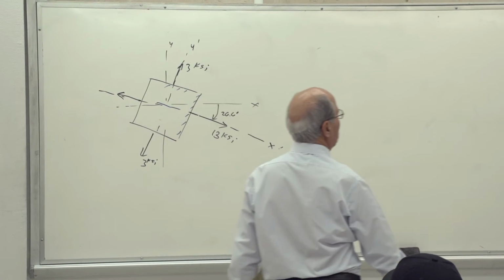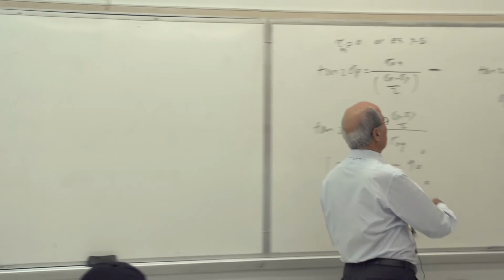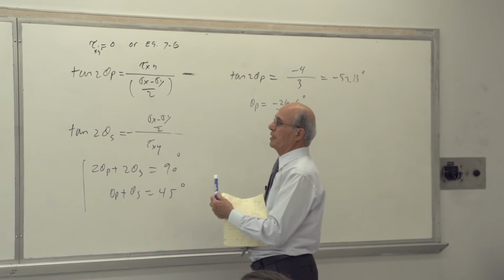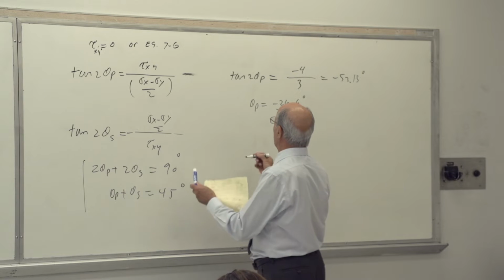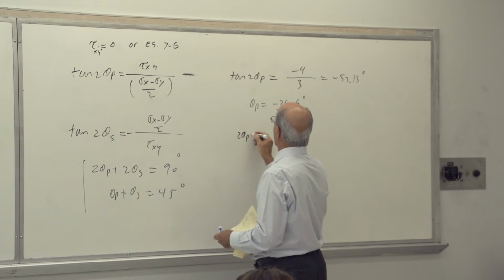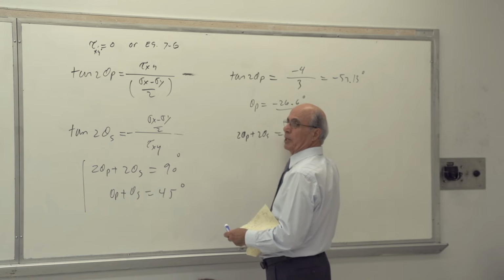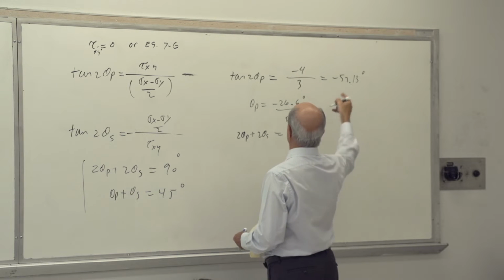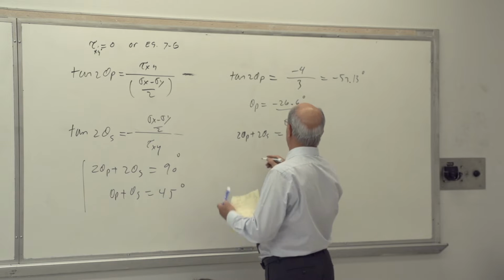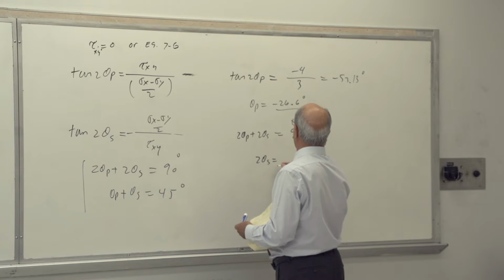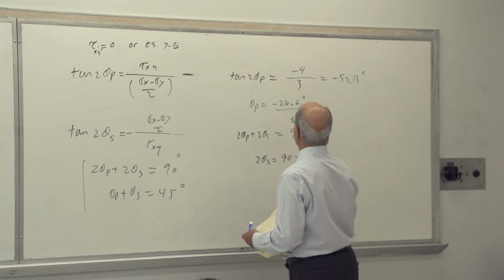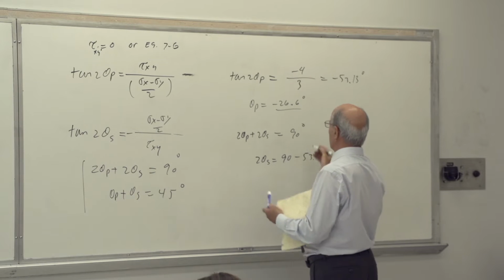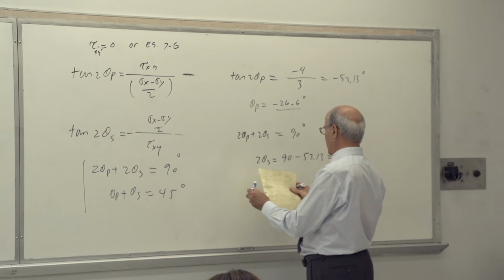Now let's go to the maximum shear. The maximum shear, we do the same format. We calculate this, or I use the other equation that I showed you. The other equation was 2 theta p plus 2 theta s equal to what? 90 degrees. So since the 2 theta p is minus, you don't calculate it that way. 2 theta s becomes 90 minus, usually we do that, minus 53.13 degrees. So we don't go by the sign like that. Well, I'll explain that again.